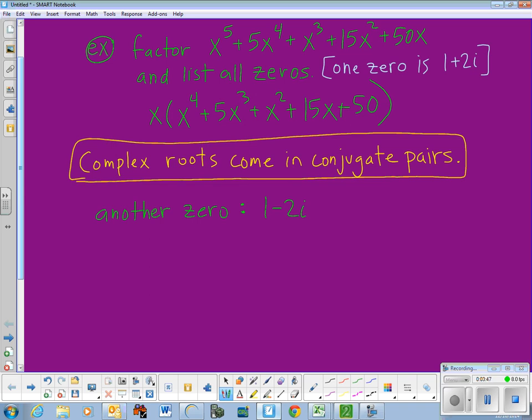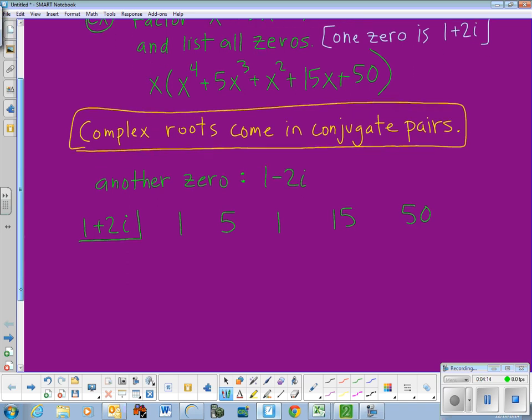So what I'm going to do next is I'm going to divide 1 plus 2i out of the x to the 4th part that already has that x taken out. So the coefficients of the 4th degree polynomial that's left after I take out the x are 1, 5, 1, 15, and 50.